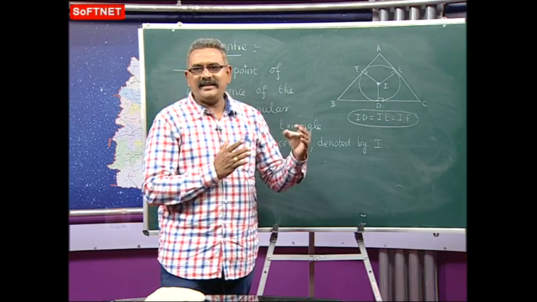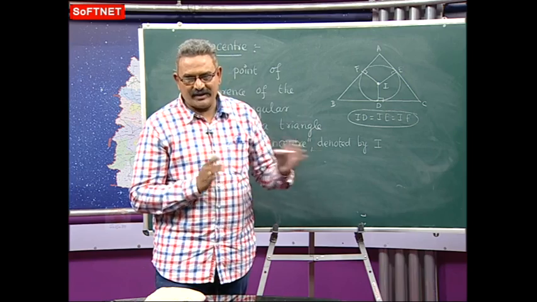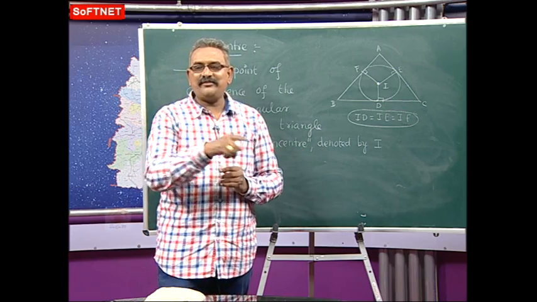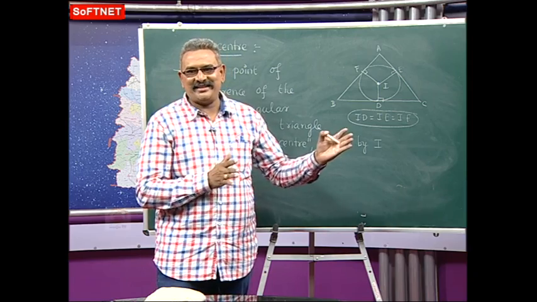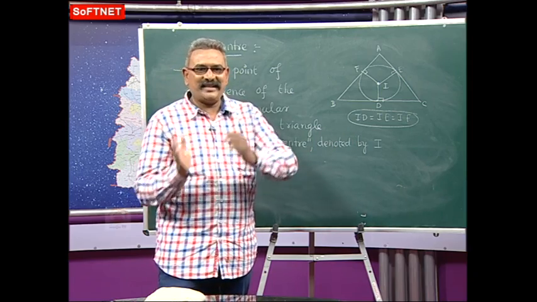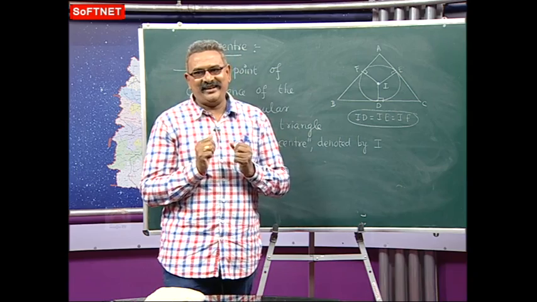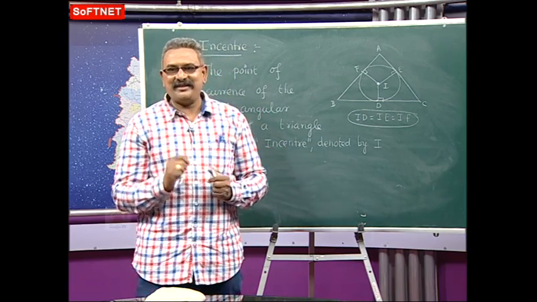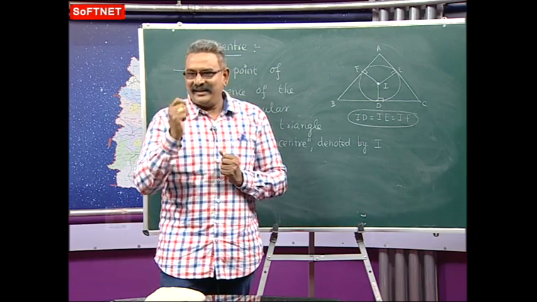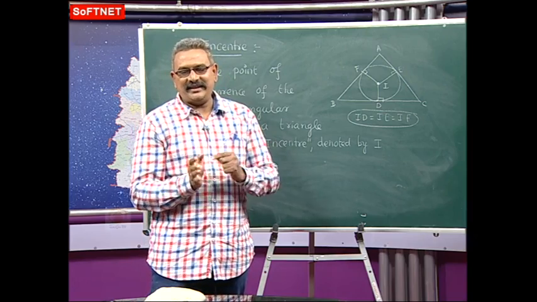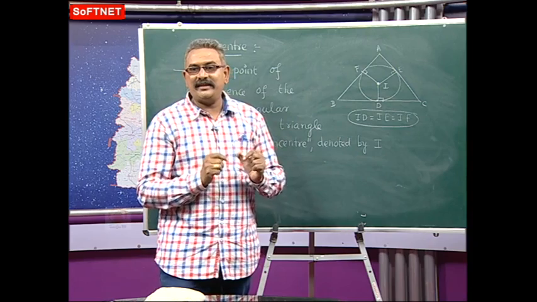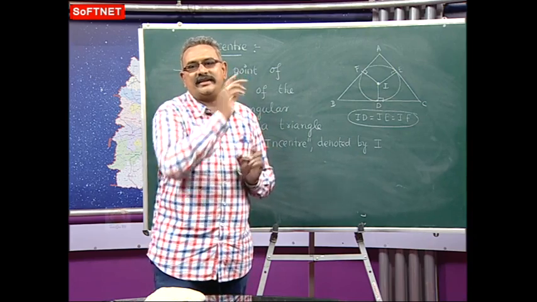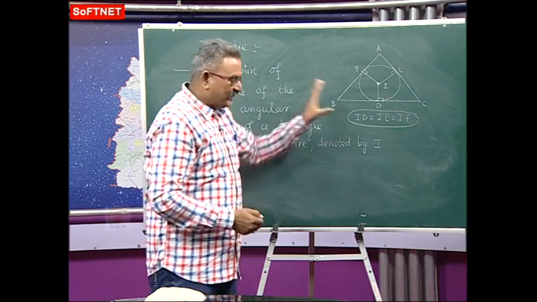That means the in-center is equidistant from the sides, whereas the circumcenter is equidistant from the vertices. That is the difference between the circumcenter and the in-center.